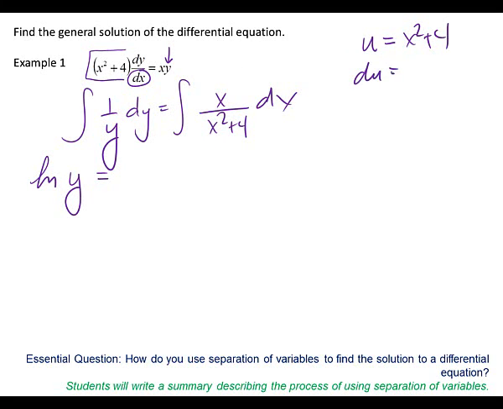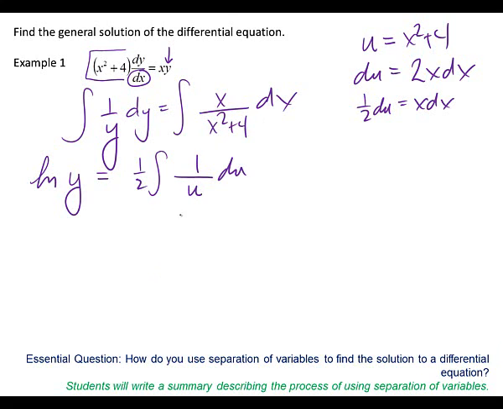So du equals 2x dx. I keep the x, I got to move the 2, so 1/2 du equals x dx. Now let's use our u substitution in here. So what's going in for the x squared plus 4? U. Okay, what's going in for the x dx? Good.